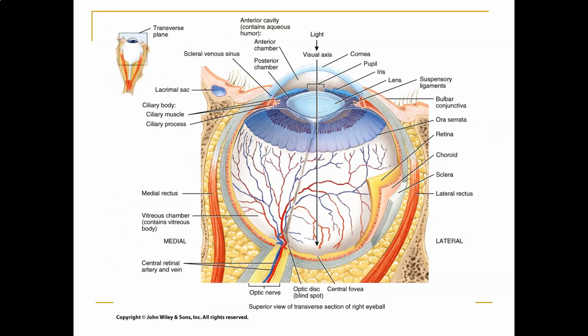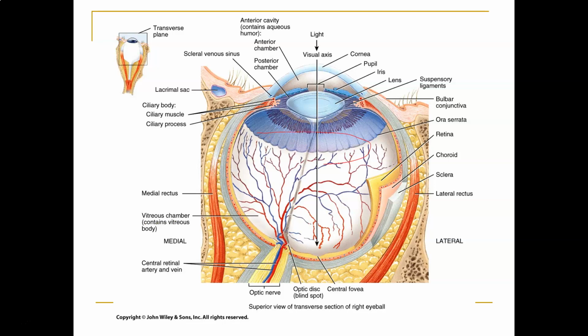Now let's look at the eye itself. There's a lot in this picture. I'm going to show you some simpler ones, but just to start with this, let's look at some of the major features here. First of all, your eye is somewhat like a hollow ball. There's a fair amount of space inside. There's a very large cavity in the back of the eye.